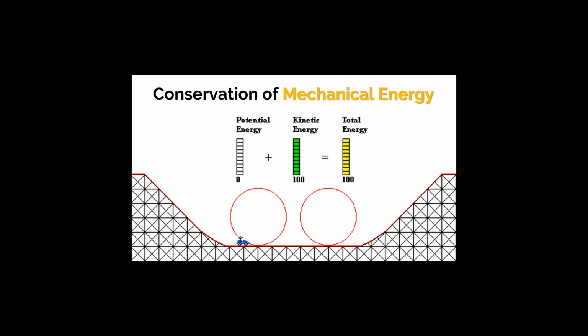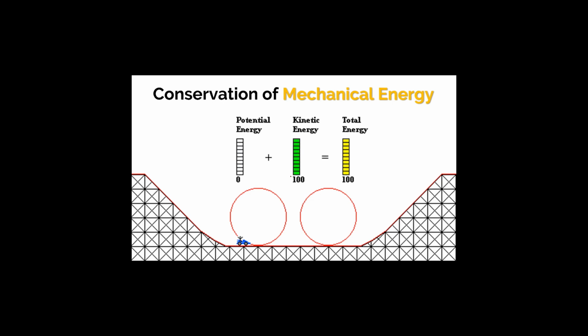So sir, what if the potential energy is already converted to kinetic energy? Will it not return into potential energy? The converted kinetic energy will return into potential energy if the object starts to slow down.